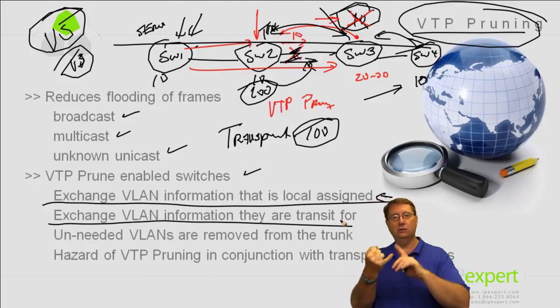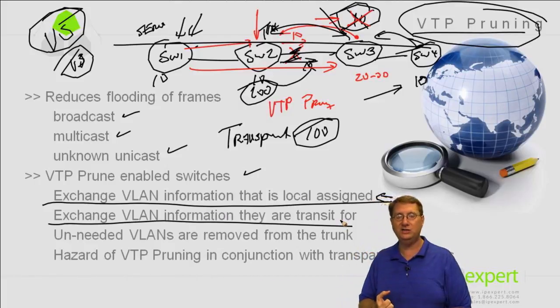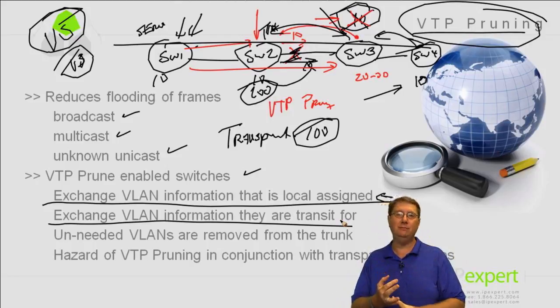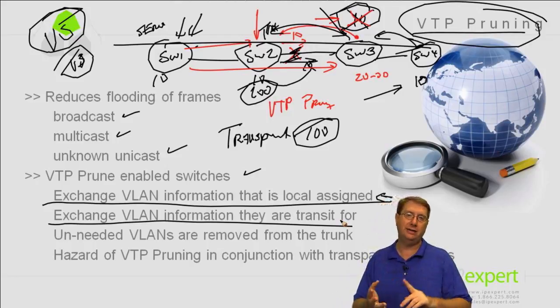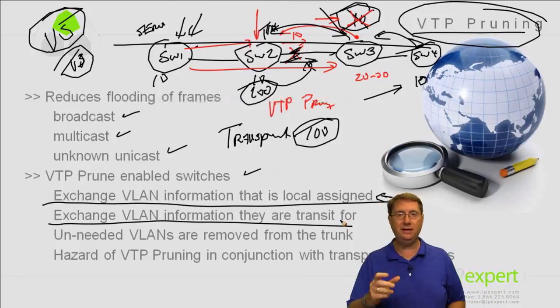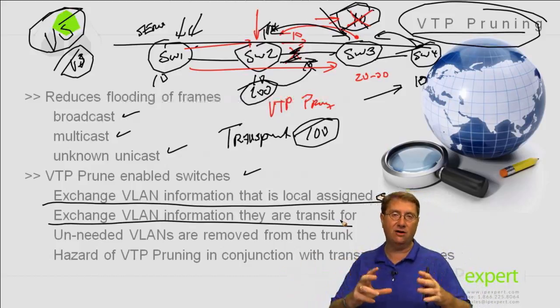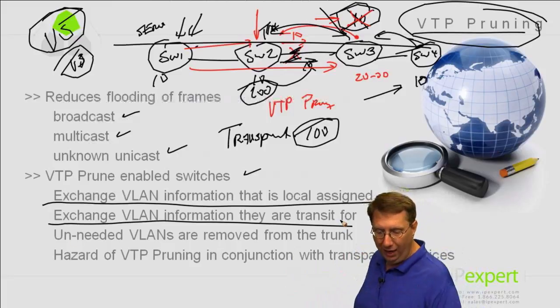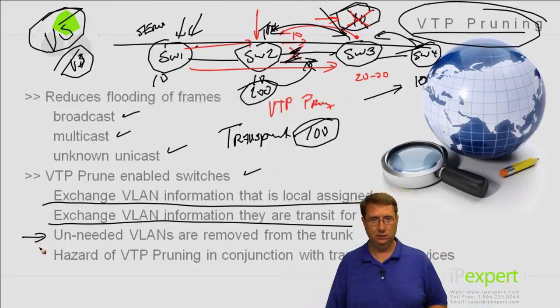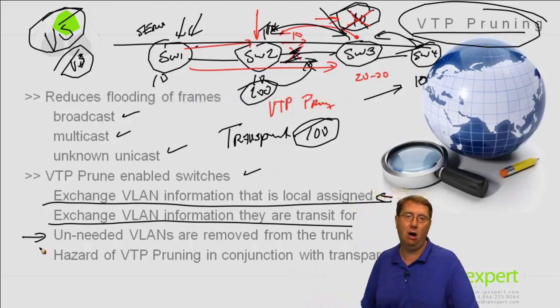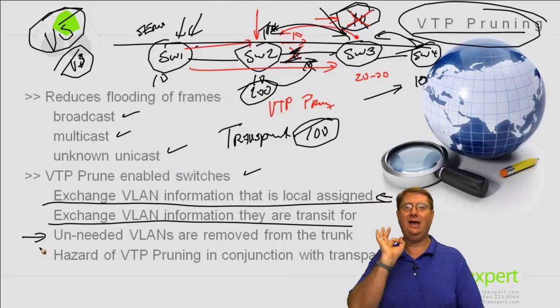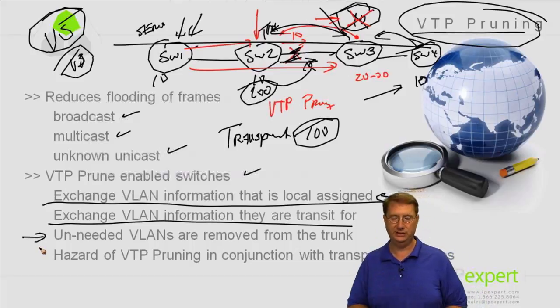So it's going to be VLANs that are locally configured on an individual device and VLANs that are being communicated by neighbors that are directly attached to our switch. Those are the VLANs that are going to be requested to be sent, and therefore not pruned. Any other VLANs that are not needed will not be allowed on the trunk between the devices unless I override that behavior with my prune eligible list.